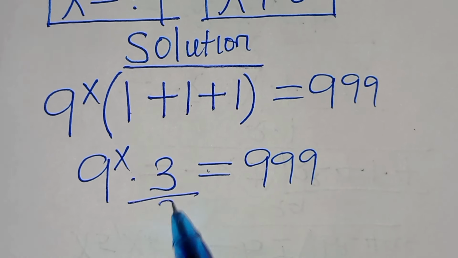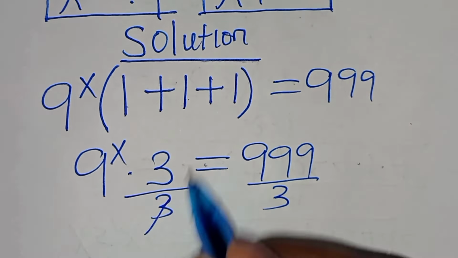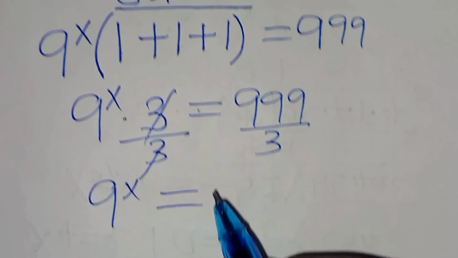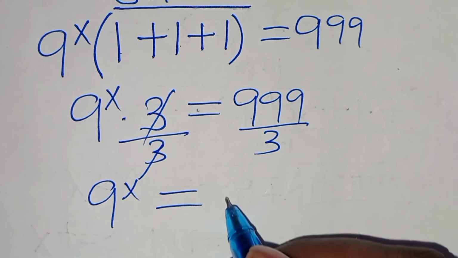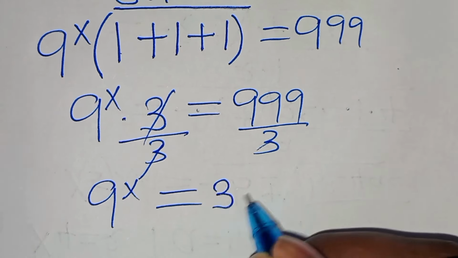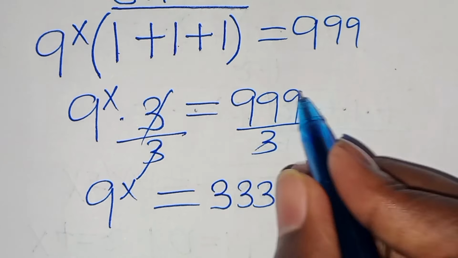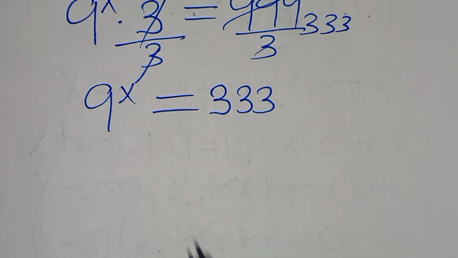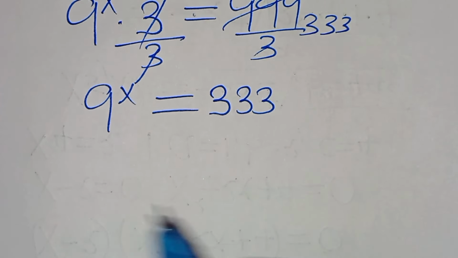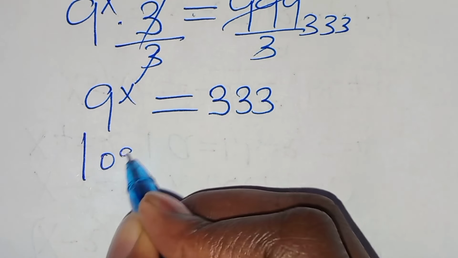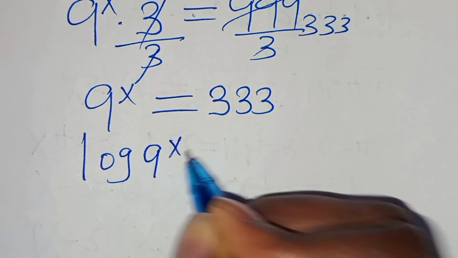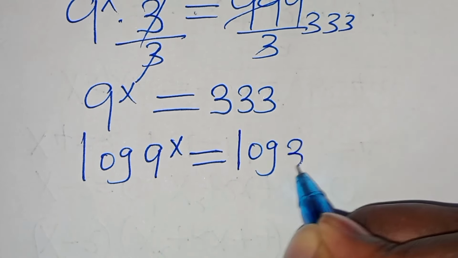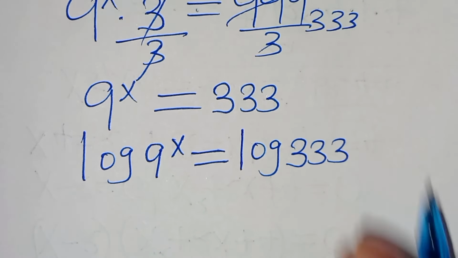So let's divide both sides by 3, so that now 9 to the power of x is equal to 999 divided by 3, and this is equal to 333. To solve for x here, we introduce logarithm on both sides, so that we have log 9 to the power of x equal to log 333.